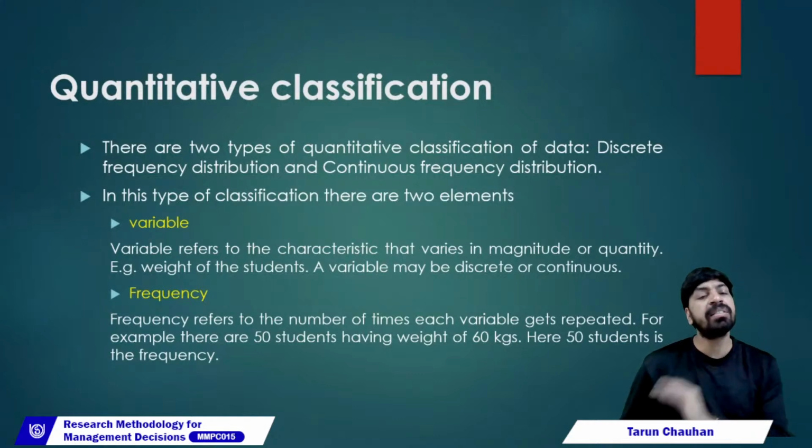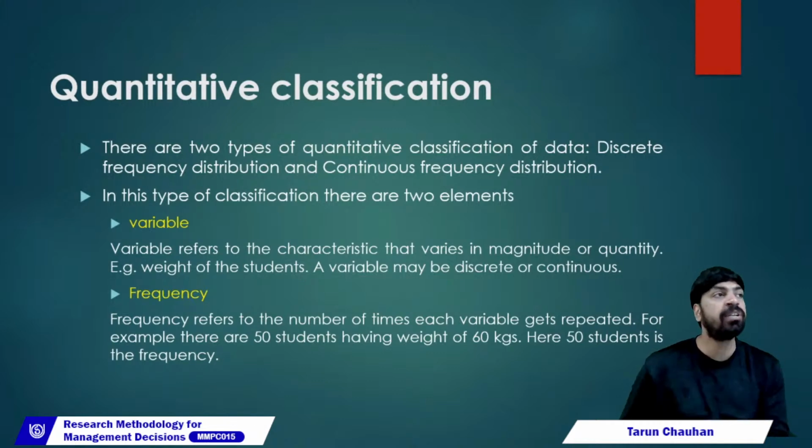Under this classification, there are two elements to know: first variable, and second frequency. Variable refers to any characteristic that varies or changes according to magnitude or quantity, for example the weight of students, the height of students, growth of a child. Variables can be discrete or continuous.